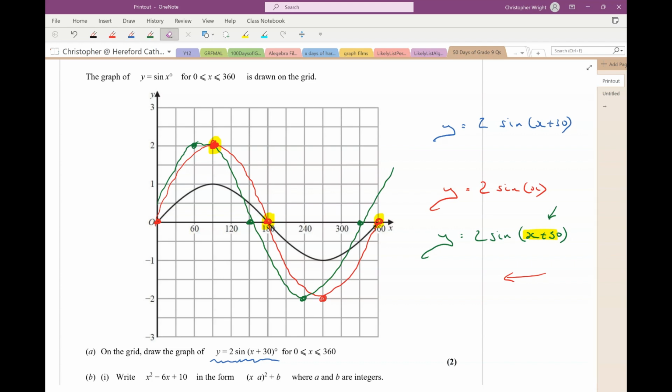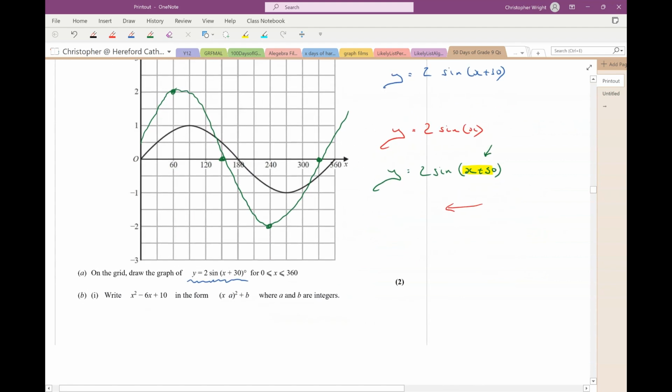So my final answer is this green curve here, which is the original curve stretched by a factor of 2 along the y-axis and then translated by a vector of minus 30 along and 0 up. Okay, that's part A.